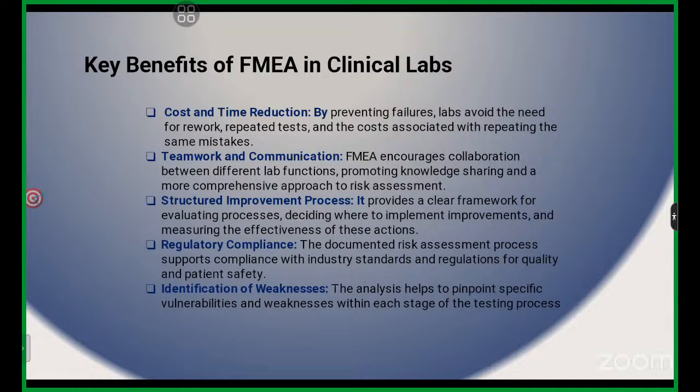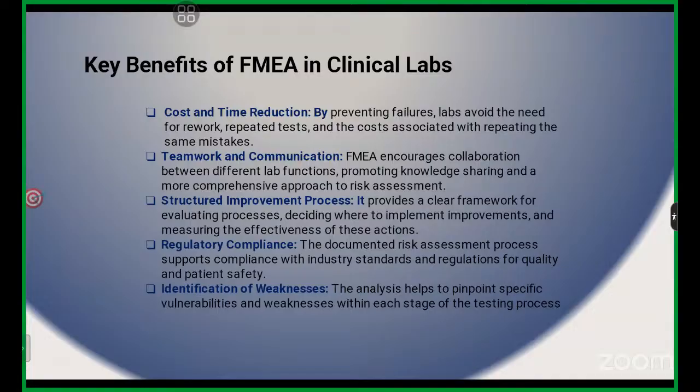They can be used by various stakeholders to check for compliance and also patient safety. FMEA can be used to identify weaknesses. Analysis helps to pinpoint specific vulnerabilities and weaknesses within each stage of the testing process.